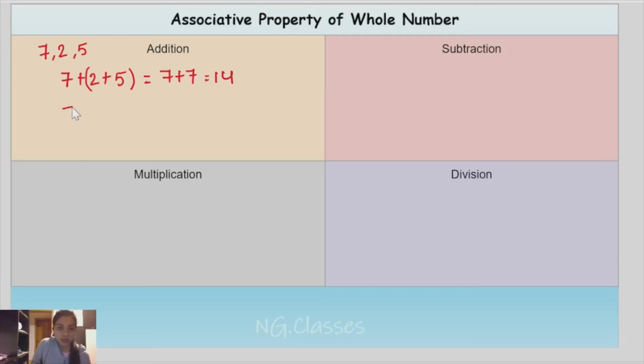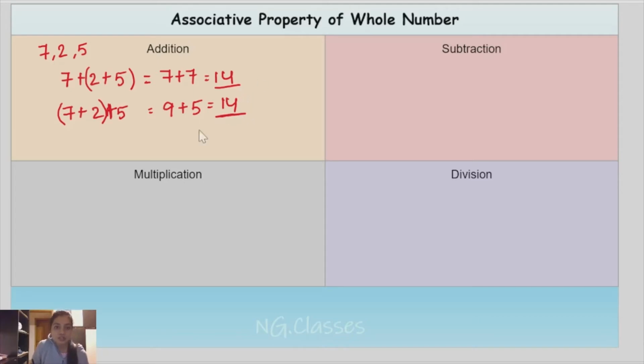Now I am going to add these 3 numbers again by slightly changing the pattern. So if I keep this 7 and 2 together and then add 5, what will happen? 9 plus 5, that is 14 only. So we can say from the first case as well as from the second case, we are getting the same answer.